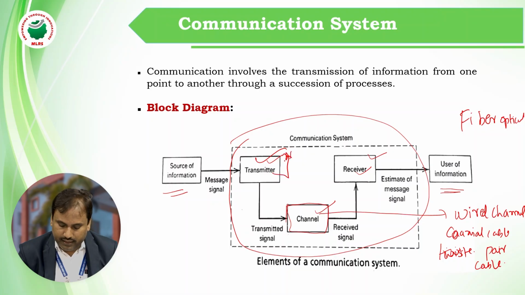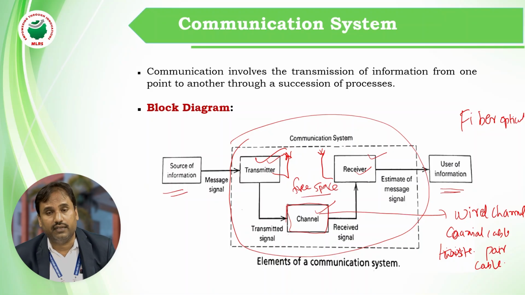This is free space, because we don't have any cable here. So in that case, we definitely need an antenna, a transmitting antenna as well as a receiving antenna. Now here the channel is free space.